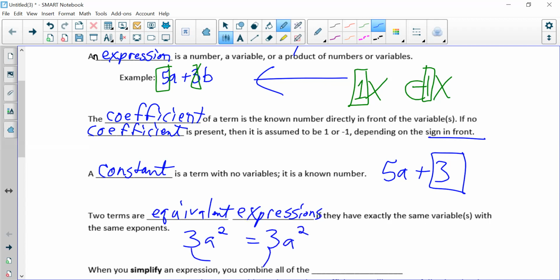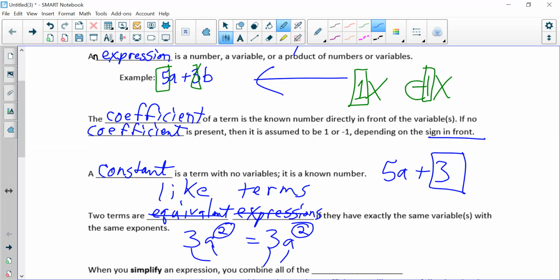My 3's match, my variables match, my exponents match. All right? If they don't have the same exponents, then they don't match. You're also going to want to know that besides equivalent expressions, two terms are like terms if they have exactly the same variables with the same exponents.